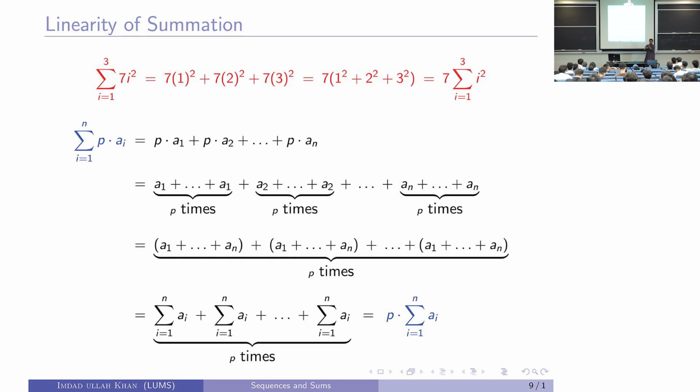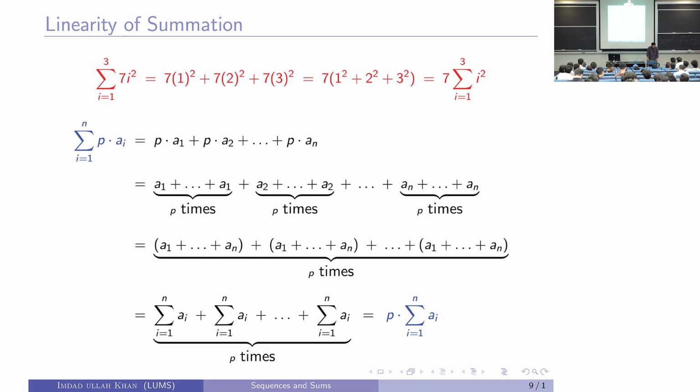Then the next group is the second a1, the second a2, the second a3, and the second an. Then the third one, and I will have p groups. Each group is the summation of ai, a1 plus a2 plus a3 up to an, when i goes from 1 to n. This is repeated p times, and that's equal to p times the summation of ai.